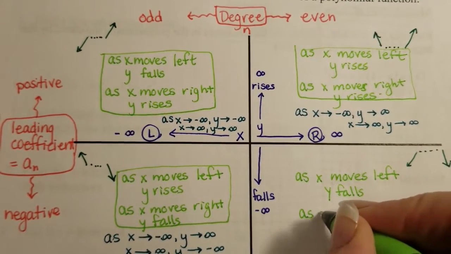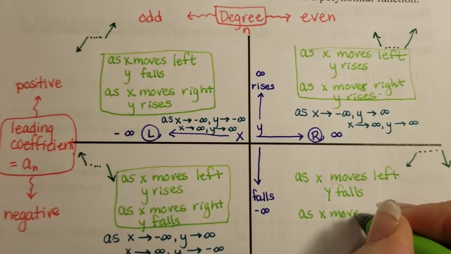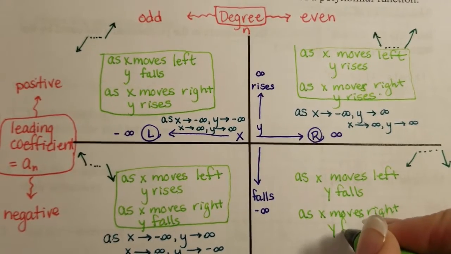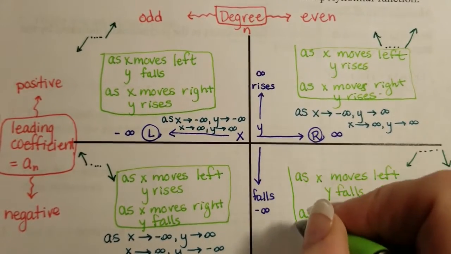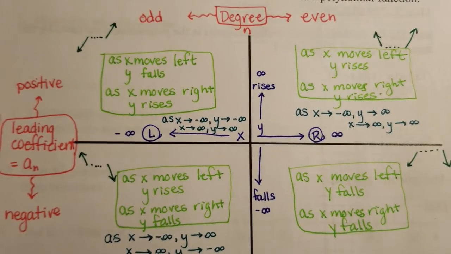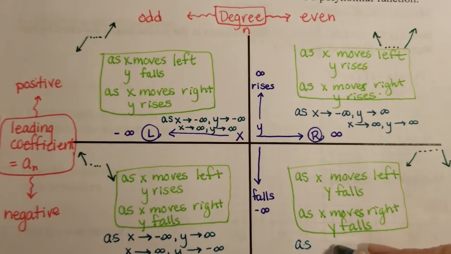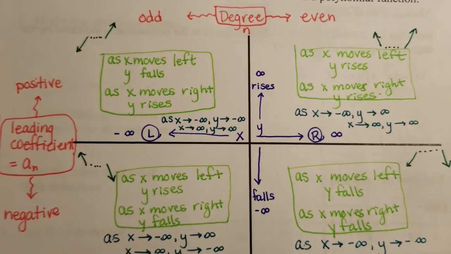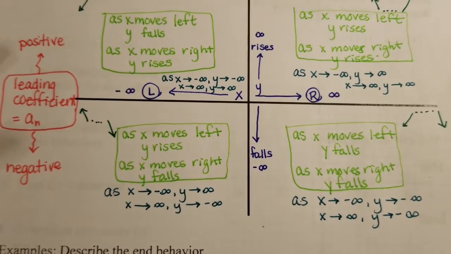As x moves right, y falls. Or as x approaches negative infinity, y approaches negative infinity. And as x approaches infinity, y approaches negative infinity. Put it down so you can see that.